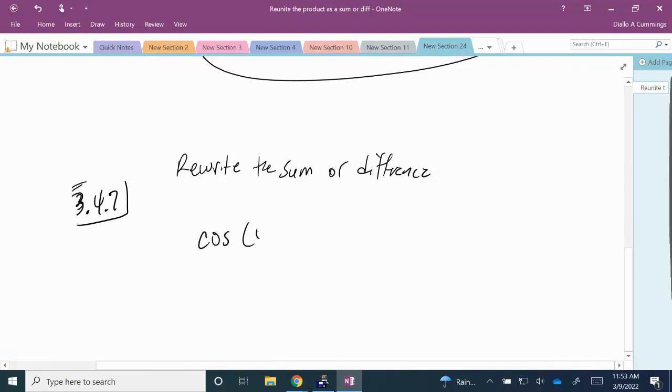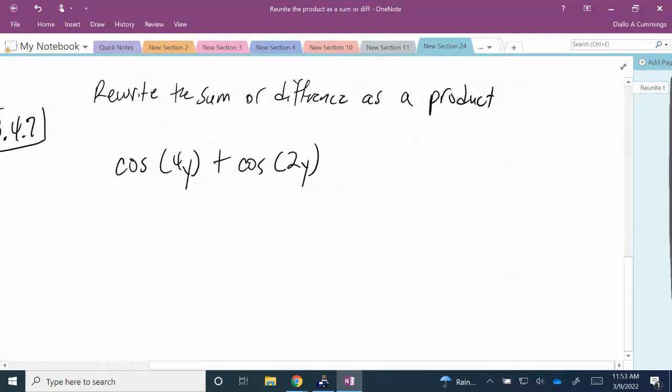So here we have cosine of 4y plus the cosine of 2y. And we want to rewrite the sum or difference as a product. So we're going to look at the sum and difference formulas, and we're going to find the one that fits a cosine plus another type of cosine.